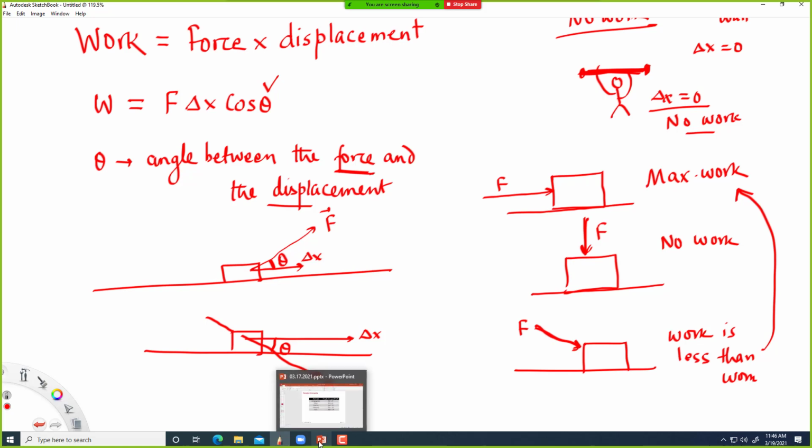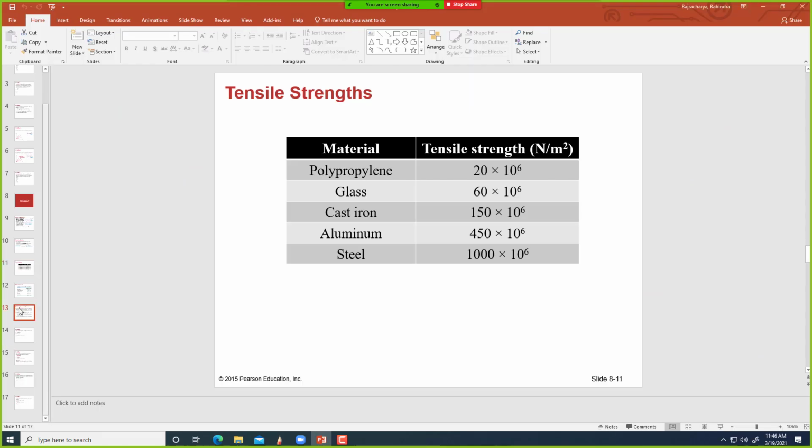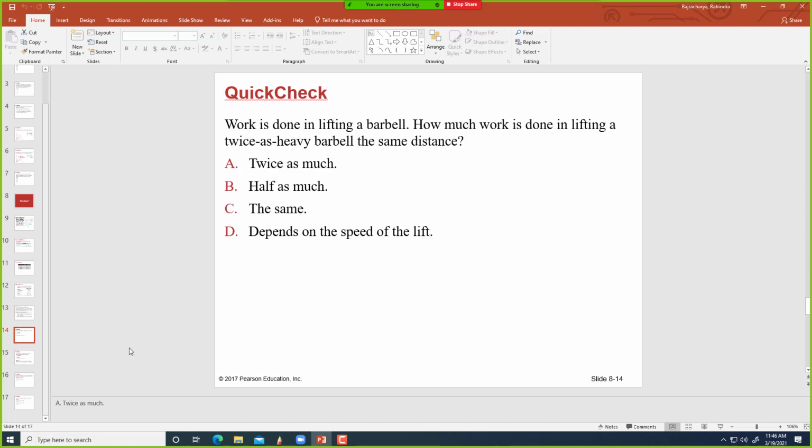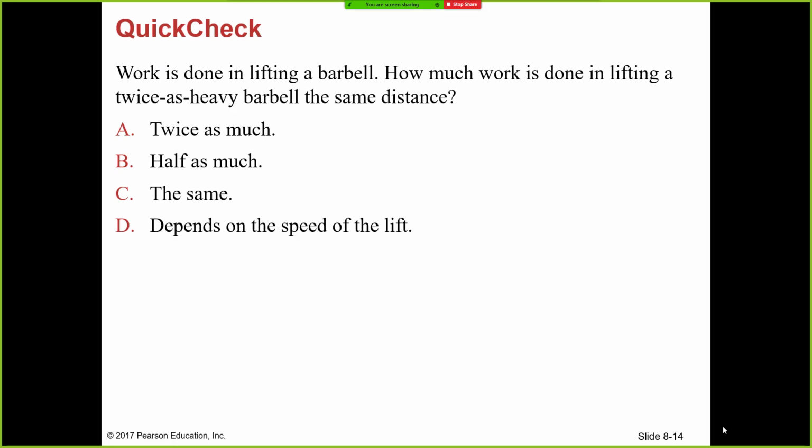Okay, let's look at two numerical and two multiple choice questions. So work is done in lifting a barbell. How much work is done in lifting a twice as heavy barbell the same distance? So you have a barbell and you lift it. When you lift it from this distance to that distance, you do some amount of work.